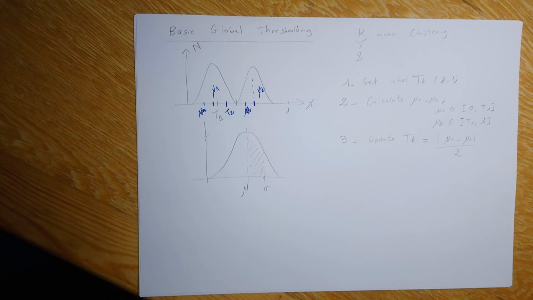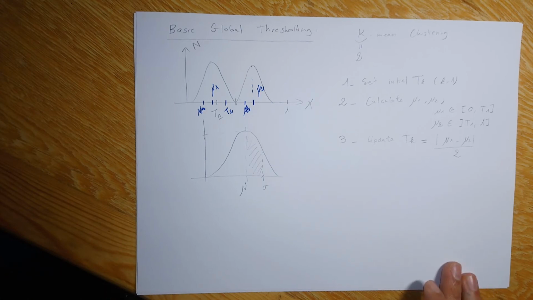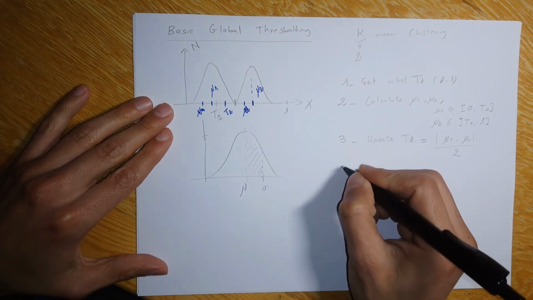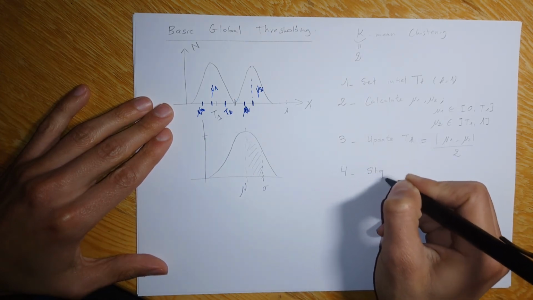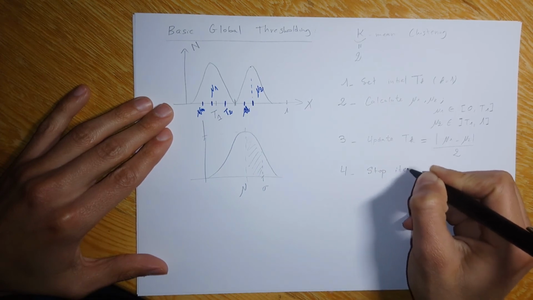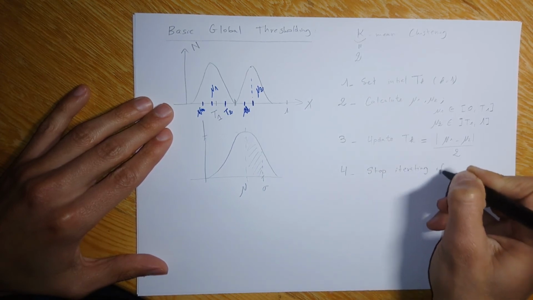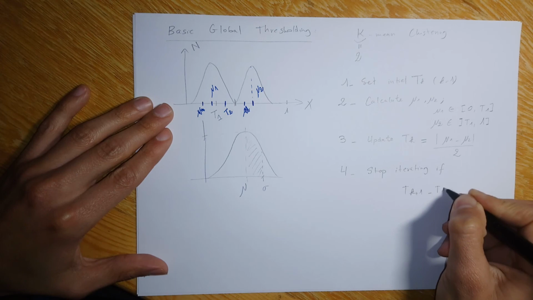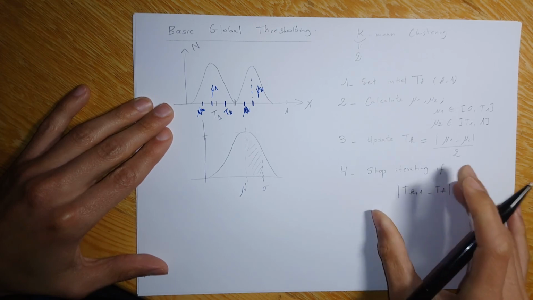Now, another thing that we should add to this algorithm is a condition to stop. Otherwise, we would iterate forever, right? So we need to stop when the threshold does not change significantly with iterations. So we can say: stop iterating if tk plus 1 minus tk is not very big.